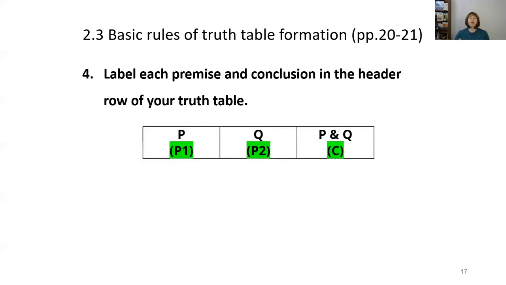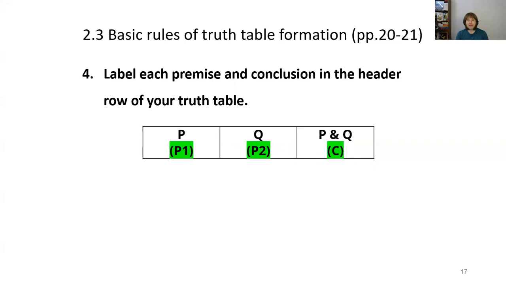Okay, step 4. Label each premise and conclusion in the header row of your truth table. In this argument we just have 2 premises and a conclusion. And so each item in our header row gets labeled. This won't always be the case. There will be times where you have an argument and you have to label the premises and the conclusion in the header row, but it's not going to wind up labeling everything that's there.